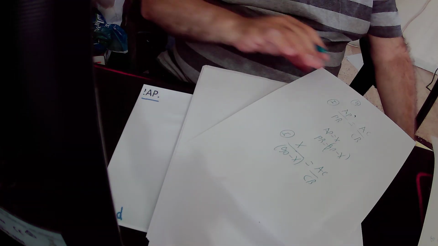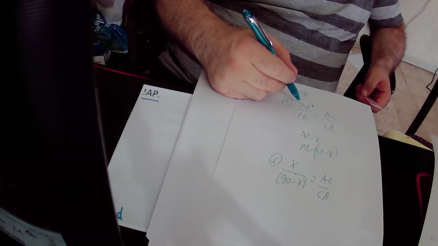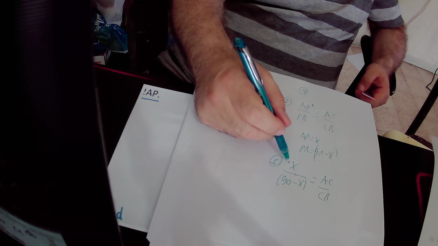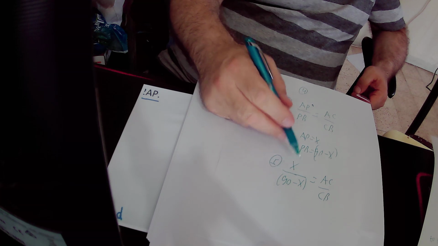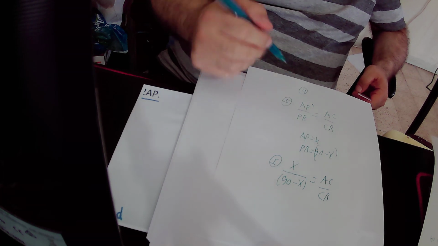We substituted AP by X because AP equals X, and PB by 90 minus X because PB equals 90 minus X.